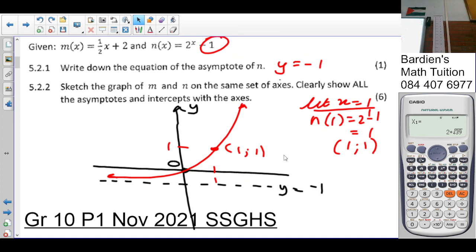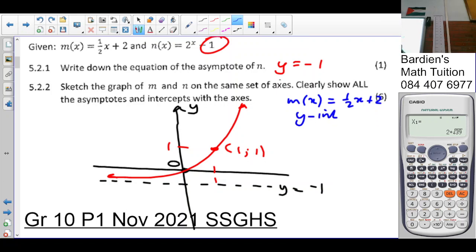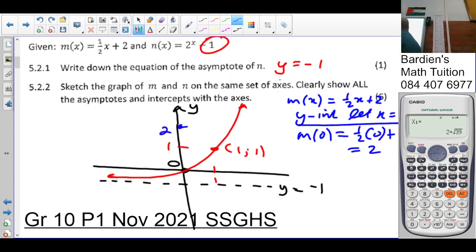On the other hand, we're going to look at the straight line graph. So firstly, for m of x is equal to half x plus 2. Y-intercept, what do you do for y-intercept? Let x equal to 0. So m of 0 equals a half times 0 plus 2, which is 2. Then we have our x-intercept.